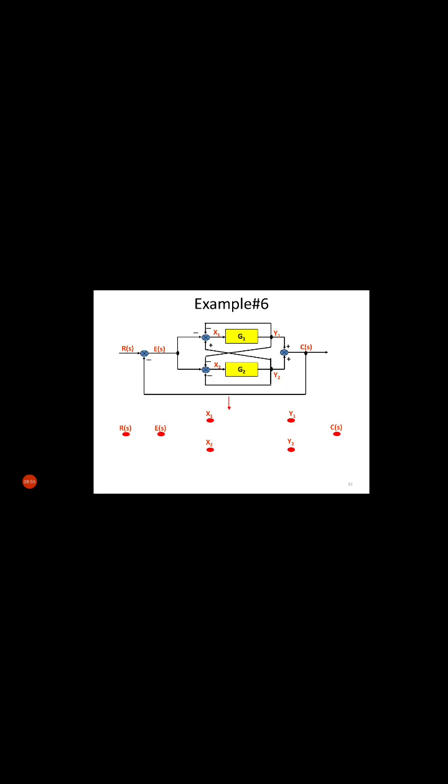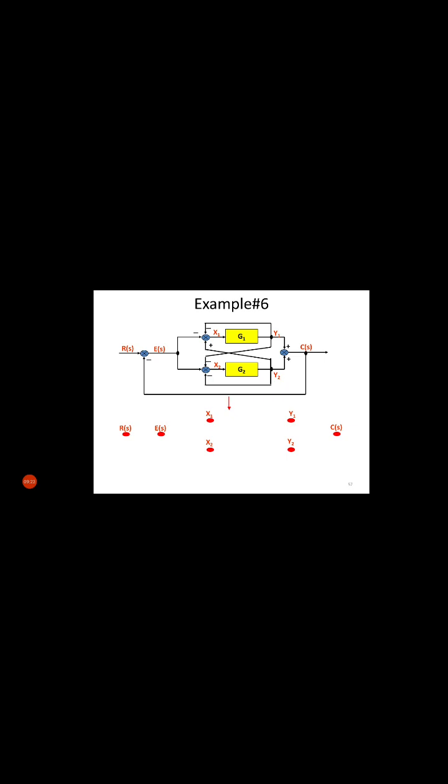Okay, so the 4 summing points there. So first summing point is represented by E. Okay, second summing point is represented by X1, third is X2. Okay, and this Y1 and Y2 are take-off points, and the last summing point is actually represented by C(s).